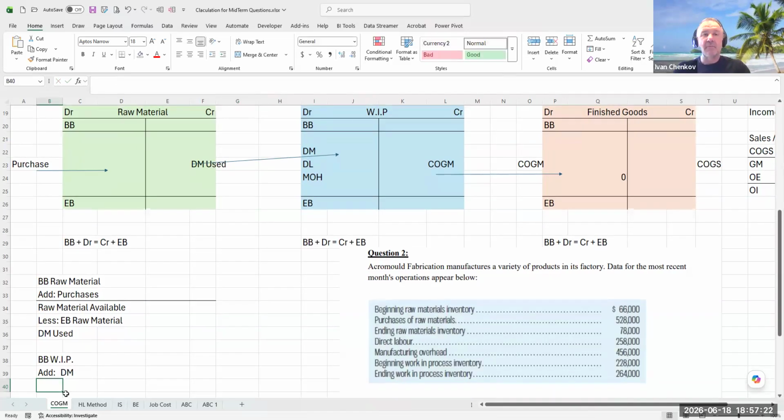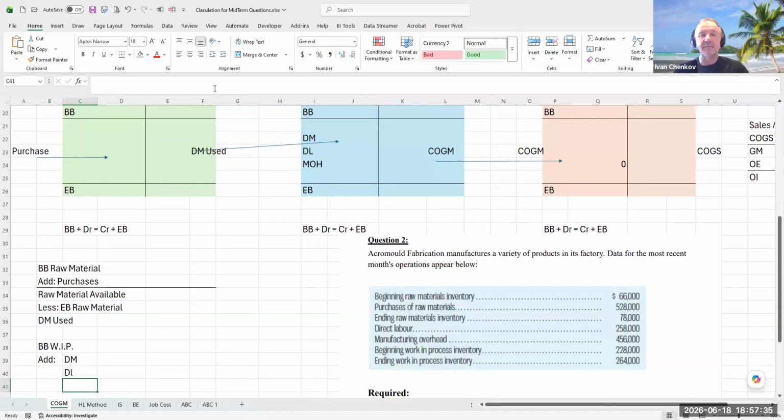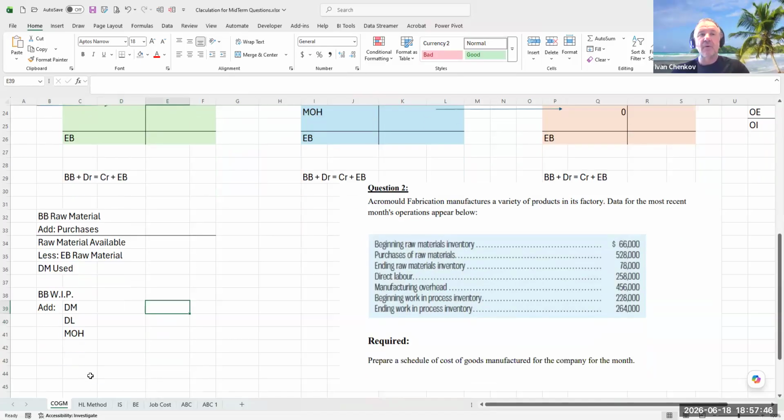We're going to add direct material, we're going to add direct labor. Then we're going to add manufacturing overhead. Once we have all those three costs, we're going to have the product cost. Those three are going to give us our product cost. Once we combine them with the beginning work in process, we're going to have the total cost available to transfer.